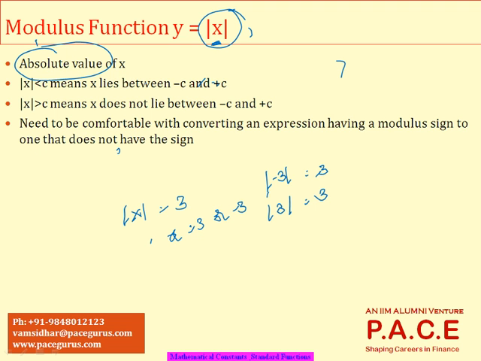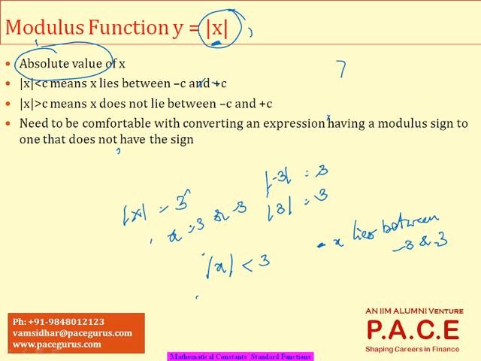And in a similar way, when someone makes a statement mod x is less than 3, it means x lies between minus 3 and 3. Simple way for you to remember: whenever we talk about mod x is less than 3, you can very well assume that x lies between minus 3 and 3.